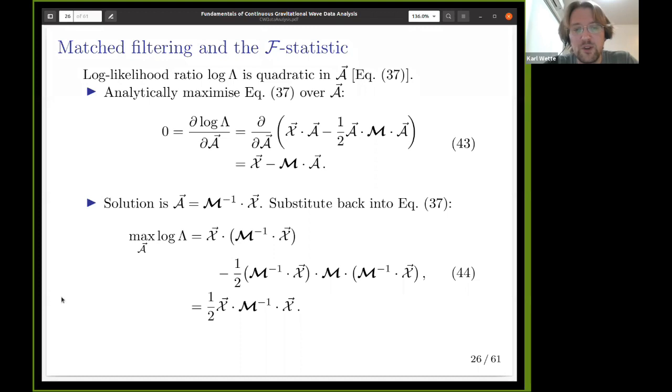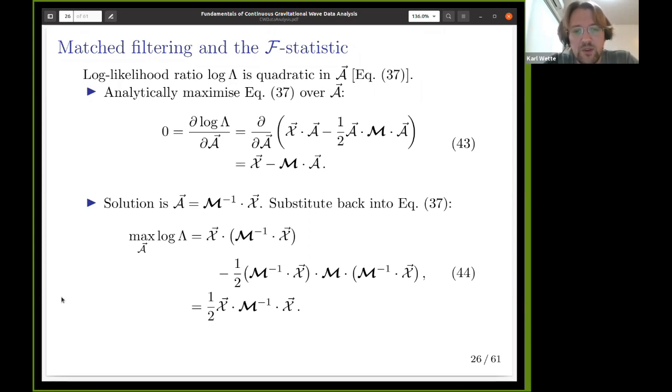If you solve that equation, you get the solution that maximizes, which we can show is a maximum: our vector A is the inverse of M multiplied by our vector X. That's given in the second bullet point there. So that's just solving the quadratic function in equation 43.